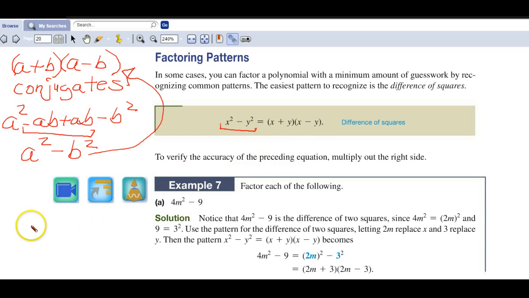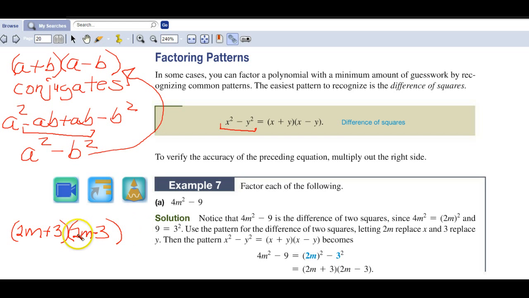So for this one, that will factor into its conjugates. So you take the square root of this, which is 2m, you take the square root of 9, which is 3, and one is plus, and one is minus.